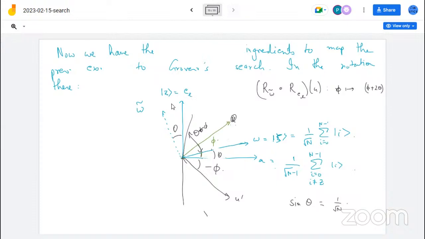Let's see. The algorithm sketch so far is something like this. Sorry about the fiasco with this angle convention, we'll fix that.